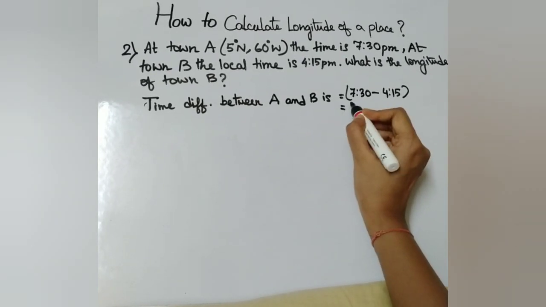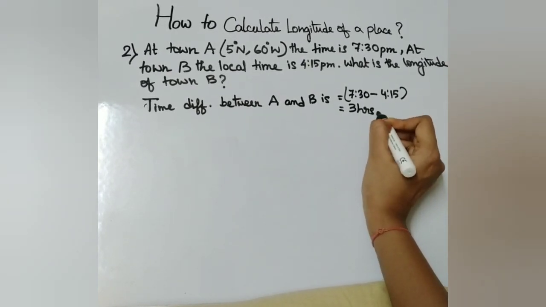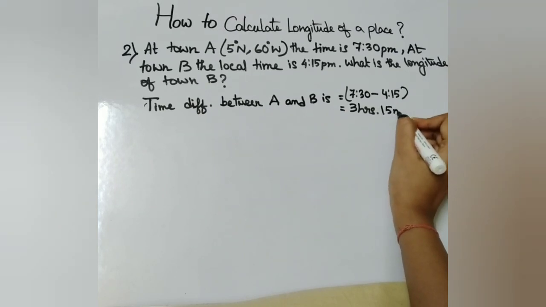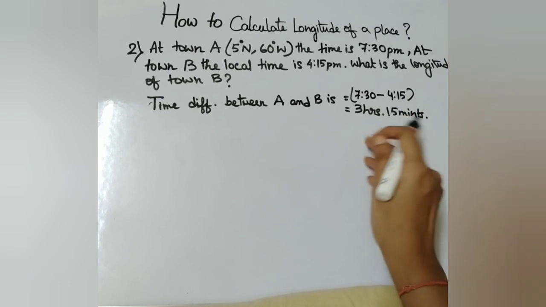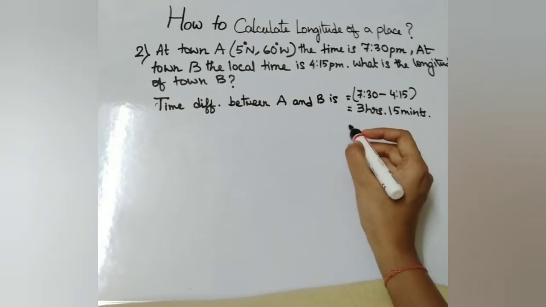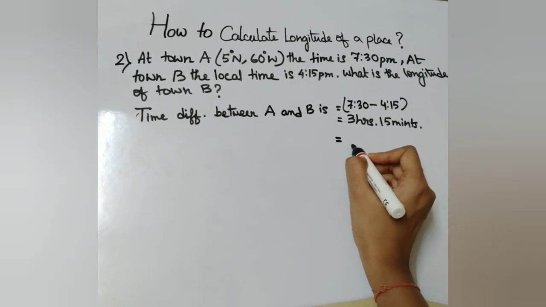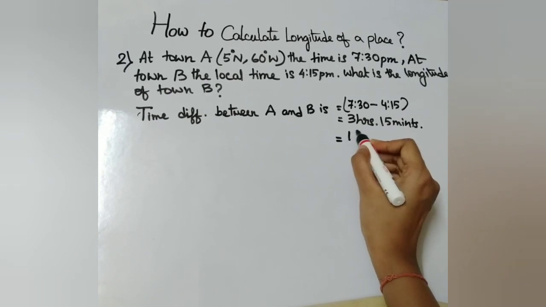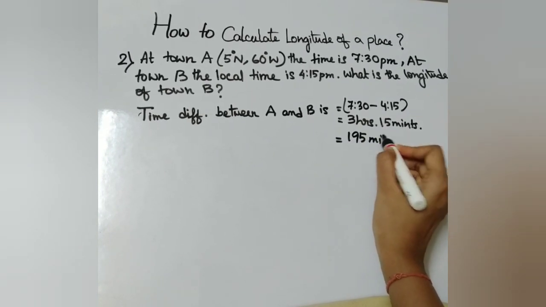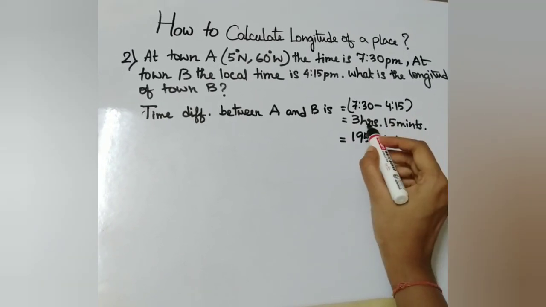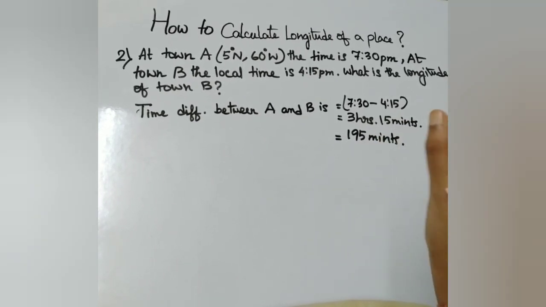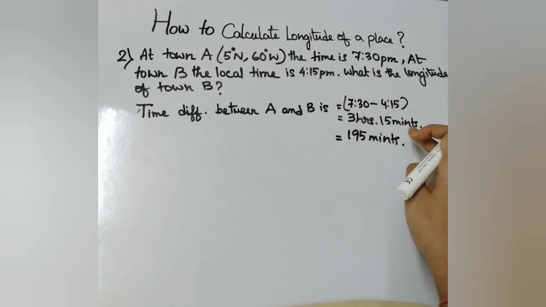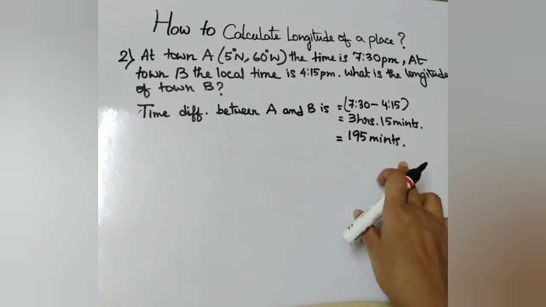We will get 3 hours 15 minutes. Normal subtraction. Now we have to convert this into minutes. We will get 195 minutes. How? 3 hours multiplied by 60, that is 180. Add 15 minutes, we will get 195 minutes.